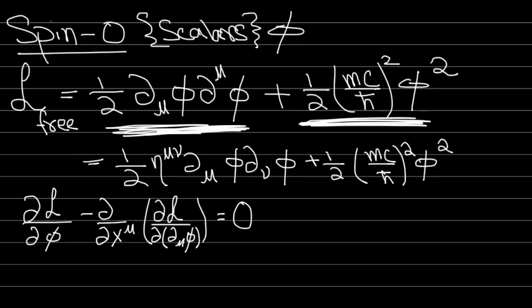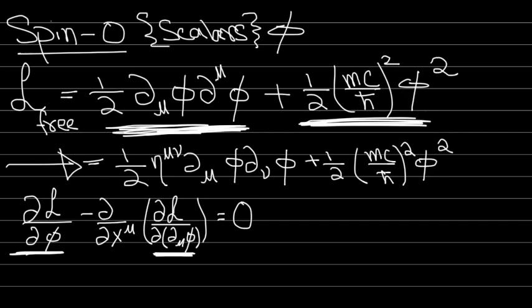Right, now all you have to do is take this derivative of the Lagrangian that I have written over here, and then take this derivative of the Lagrangian that I have written over there.